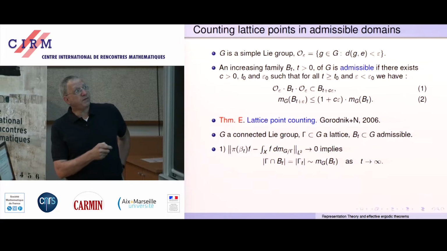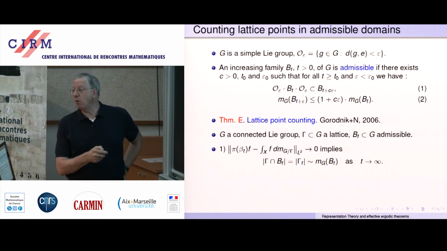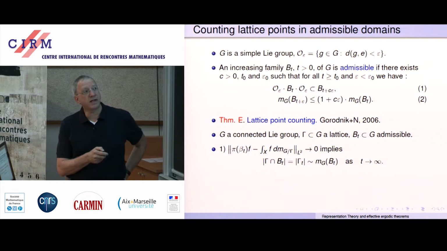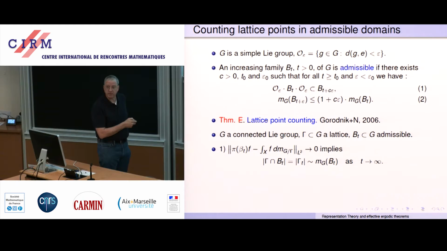One is that if the mean ergodic theorem holds, so that the averaging operators acting on L2(G mod gamma) converge to the space average, then the main term of the lattice point counting result is what you expect, namely the volume.